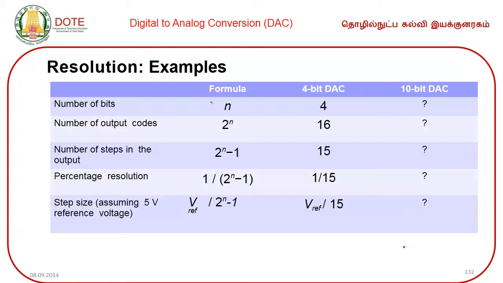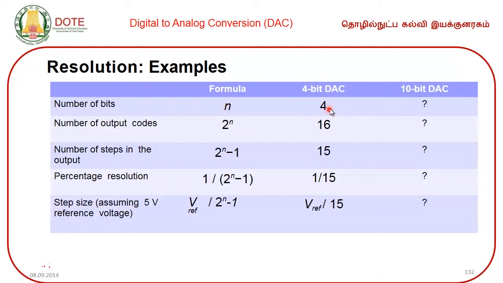We saw what resolution is: one step voltage, that is, how much analog voltage should come at the output for one LSB of digital input, that is resolution. See, for example, here is the general formula: n refers to the number of input digital bits in digital to analog conversion. 2 to the power n is the number of combinations of the inputs, that means the number of codes you can generate with n inputs. If we take a 4 bit digital to analog converter, n is 4, because we give 4 bits of data at the input.